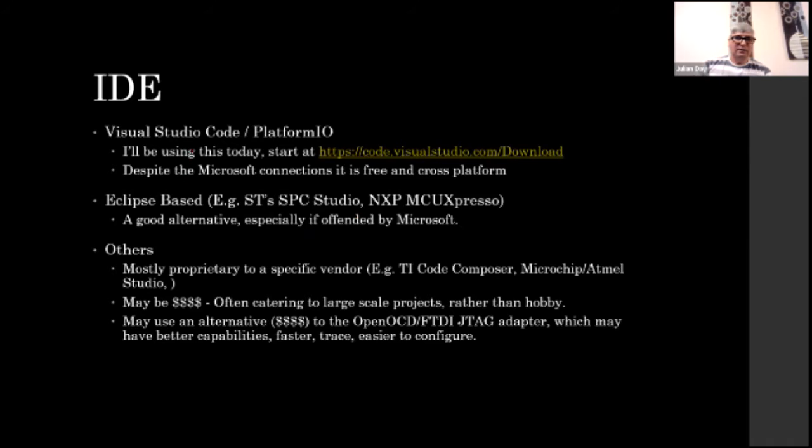As an alternative, if you don't like Visual Studio Code, there's a whole load of Eclipse-derived variants, mostly pushed out by the chip manufacturers: ST has STM32CubeIDE, NXP has MCUXpresso, and so on. It's possibly a bit of a religious thing. Do you prefer Visual Studio or do you prefer Eclipse?